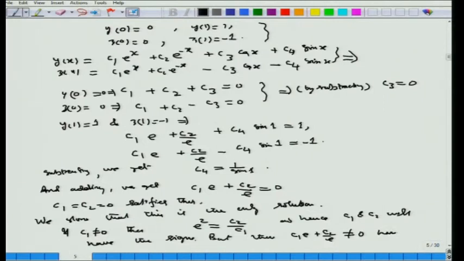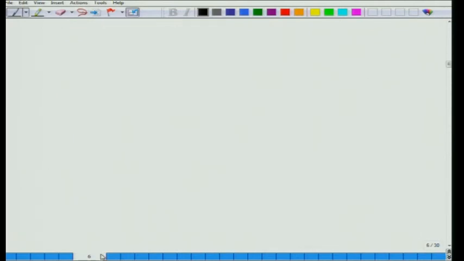Hence, this is not possible. Hence, we have only c1 = c2 = 0. So, we get finally y(x) = sin x / sin 1 and z(x) = −sin x / sin 1. So, that is the case in this example.